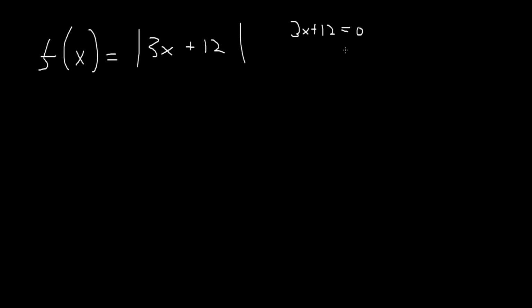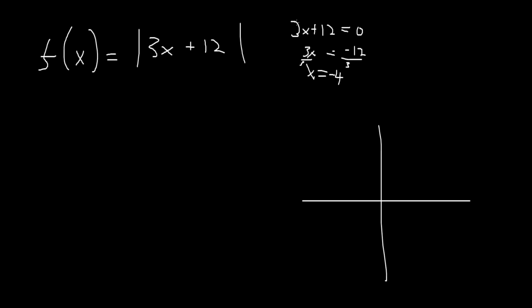Minus 12, so negative 12 is equal to 3x. We divide by 3 on both sides, so negative 12 divided by 3 is negative 4, because we keep the negative. So x equals negative 4 over here. We know that the y value is going to be 0 at that location.